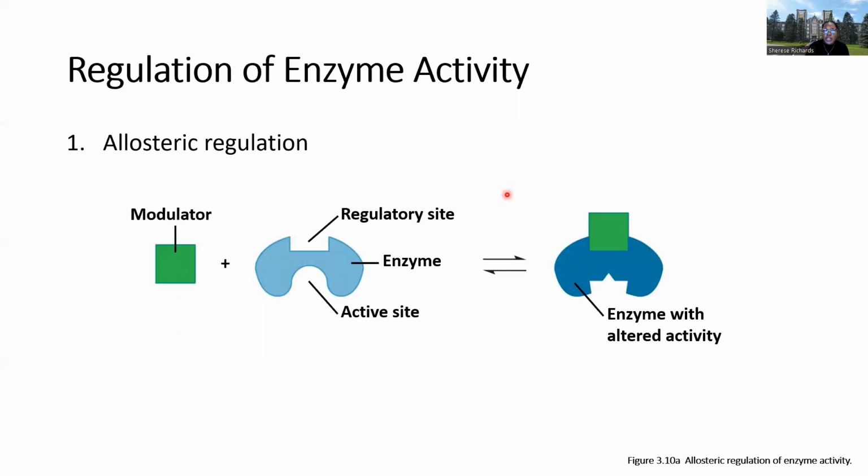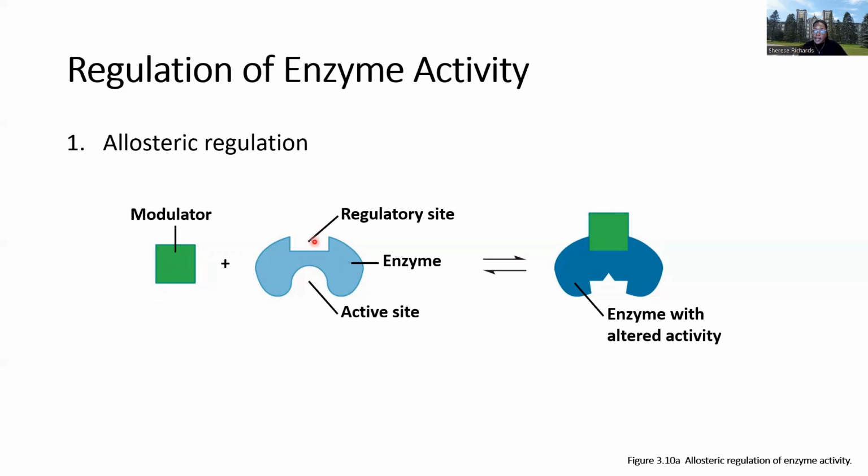The first one is allosteric regulation, and this is basically having some type of modulator, and the modulator here is this green molecule. It will bind to the enzyme at the regulatory site, right? Notice that there are 2 different binding sites being shown here.